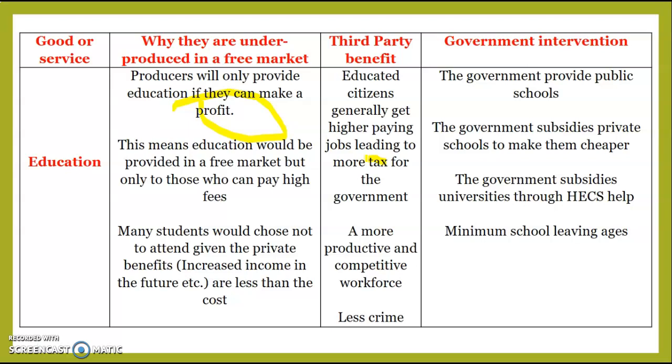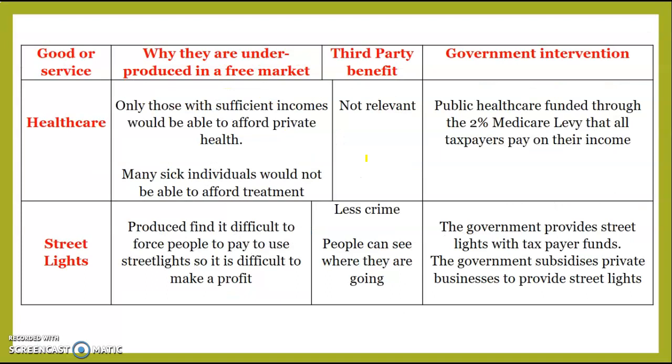So, for example, at a high school level, there's subsidies for private schools. The government provides public schools. There's a minimum school leaving age, so they have to go to school to a certain age, and they also subsidise university as a way to try and increase enrolments as well. Other things, healthcare. Healthcare is often underproduced because people can't generate sufficient incomes.